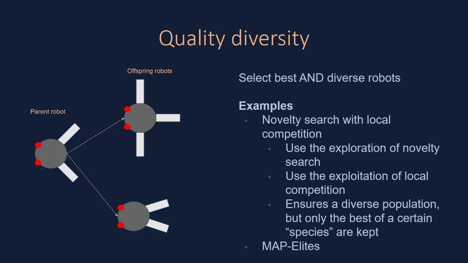So if you have these three robots, you will keep this one because it's the most diverse, and these two will compete with each other. So you will have a quality robot in this population of two, and you will still have a diverse population because you will keep these diverse robots.